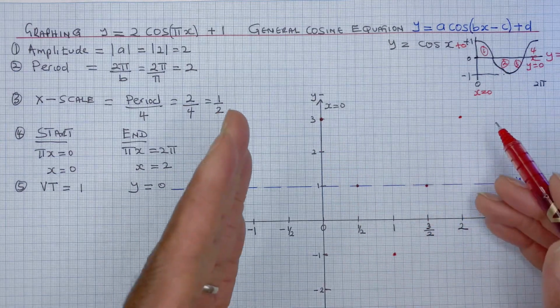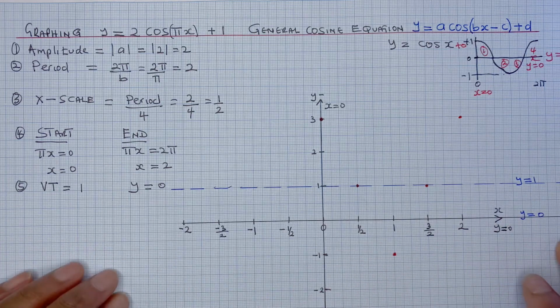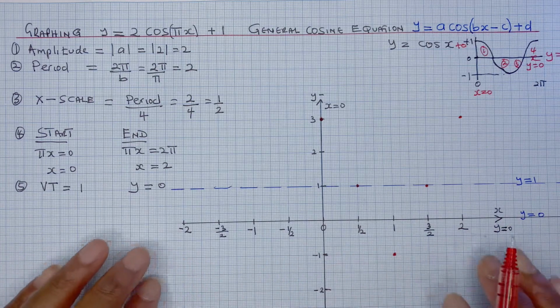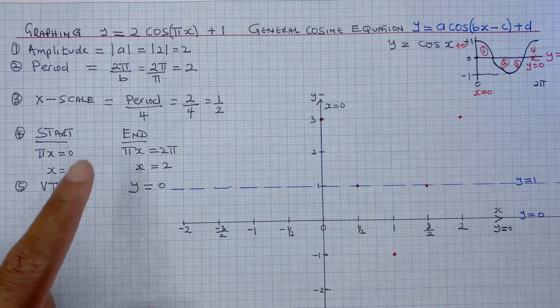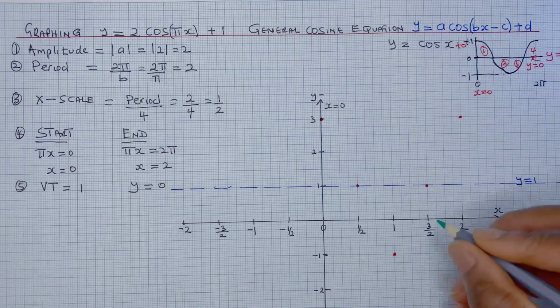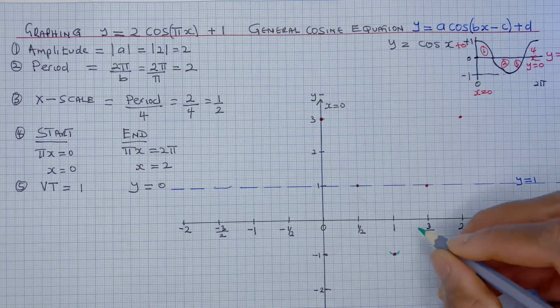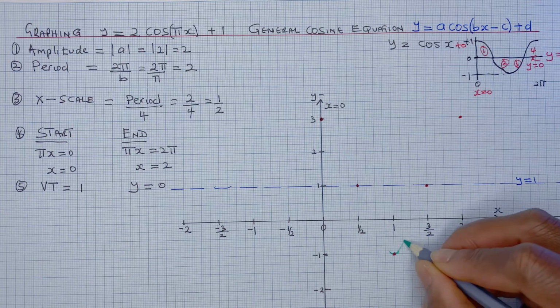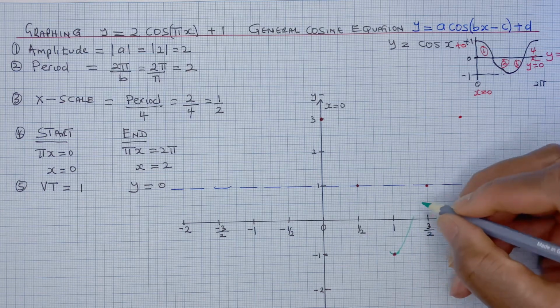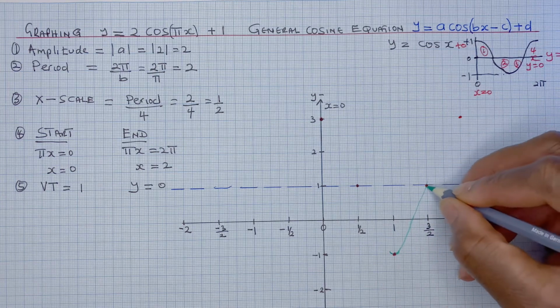But what has happened is we don't have the scale of pi, we only have the scale in numbers because we had to divide by pi. So this is a turning point here, and that graph, that point will go up there to meet that point.